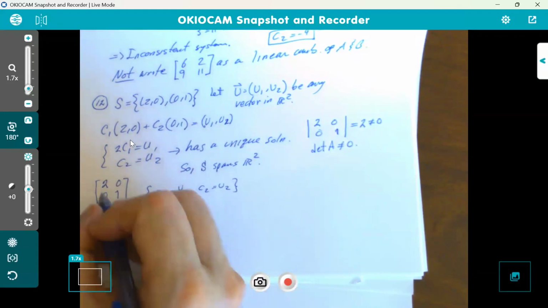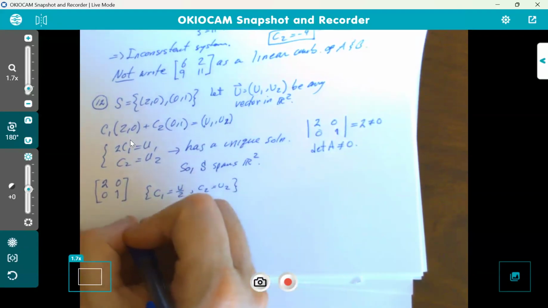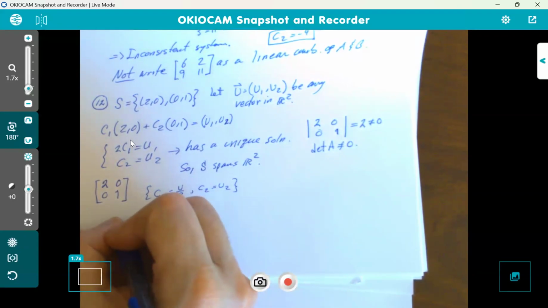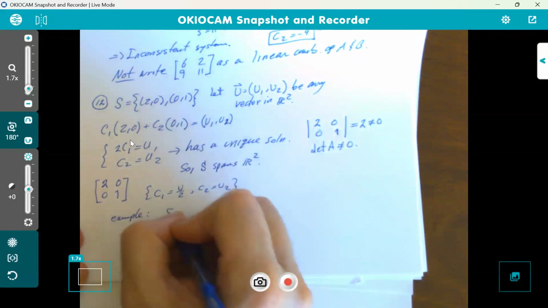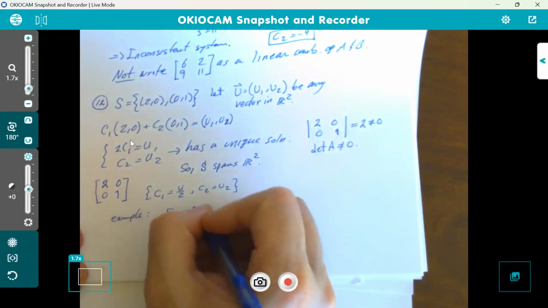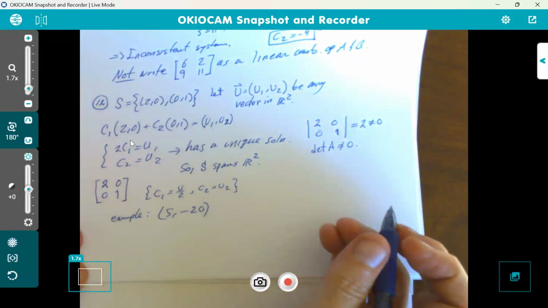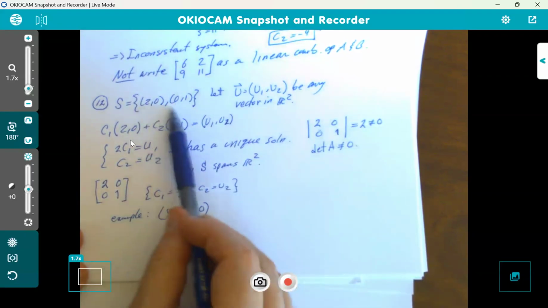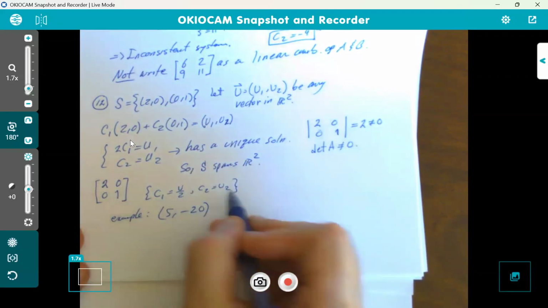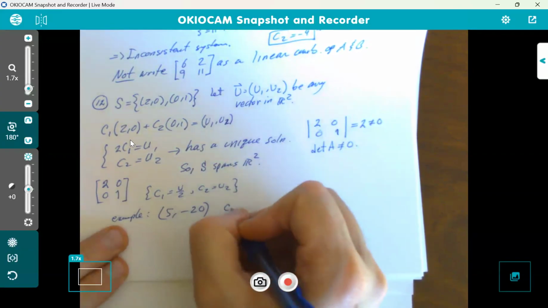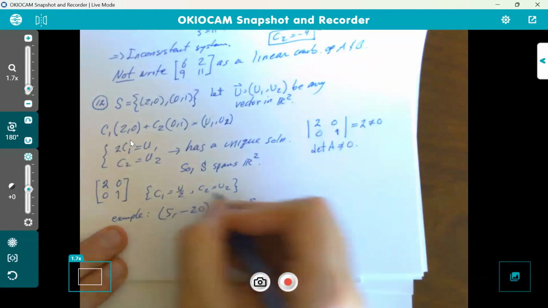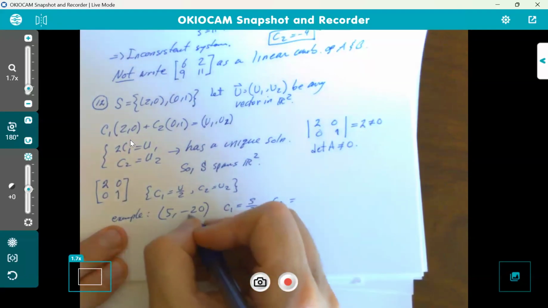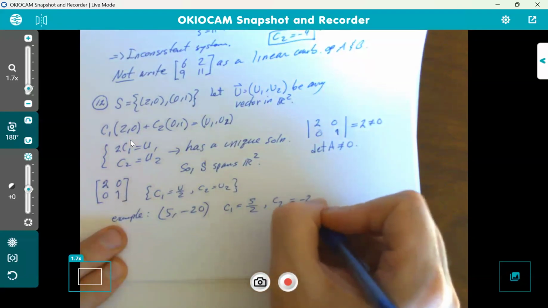So for instance, let's choose a vector example, say (5, -20). Can I write it as a linear combination of these two? According to this, let C1 be 5/2 and C2 be negative 20.